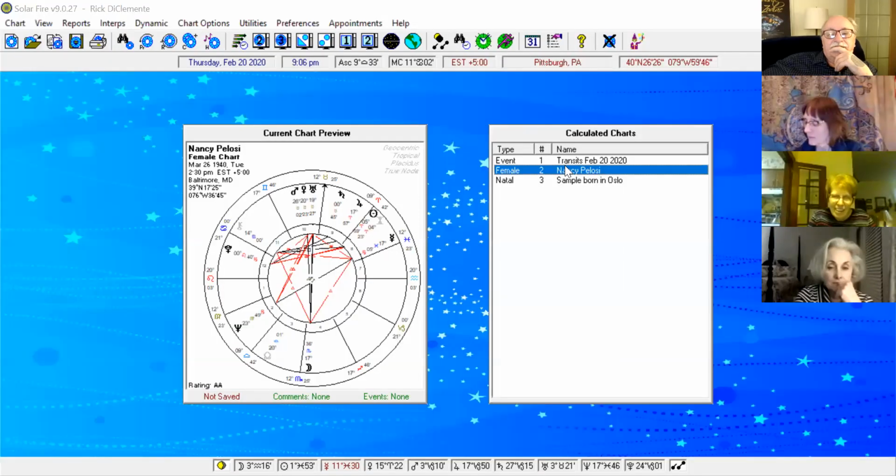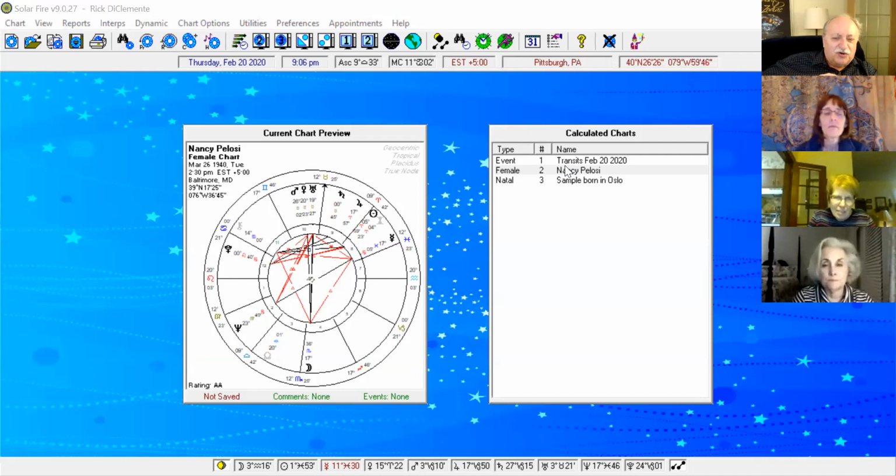All right. Now, in Nancy's chart, the 10th house is really critical. Now, here's how you do astrology. The sign Taurus is on the midheaven. The sign of Taurus is ruled by Venus. Venus is in the 10th house. Venus is in Taurus.